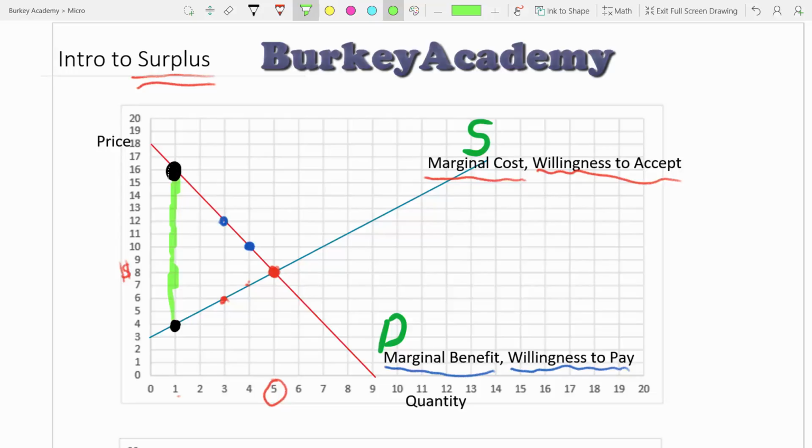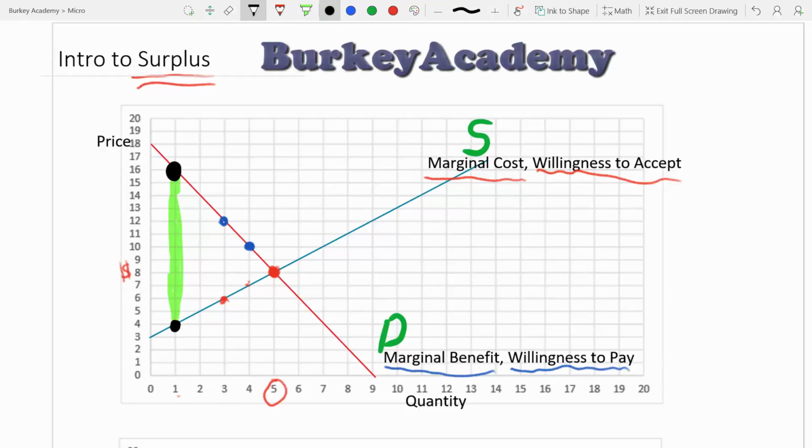Someone's getting a high value for something and there's a very low cost in producing it. The difference between the $16 in value created to someone minus the cost it costs to actually create that thing is surplus. It's benefit you're creating minus the cost of creating it, in other words. So here we would be getting 16 minus 4, or $12 in surplus right here.